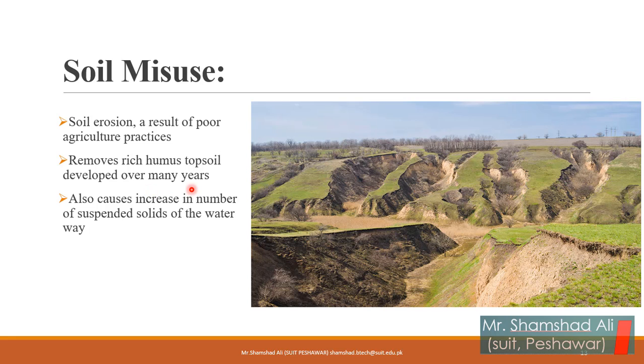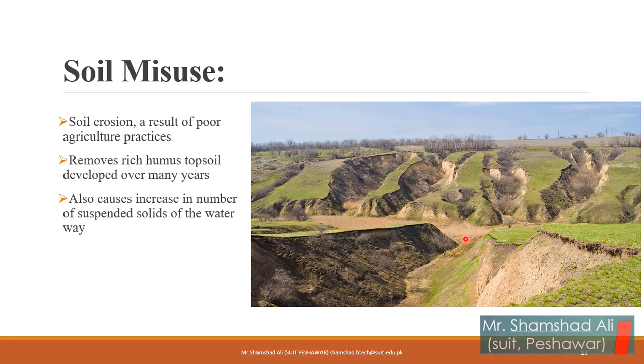It removes the rich humus topsoil developed over many years. As you can see, this type of rich soil has been developed over many years, and due to erosion, it is spoiled in just a minute.